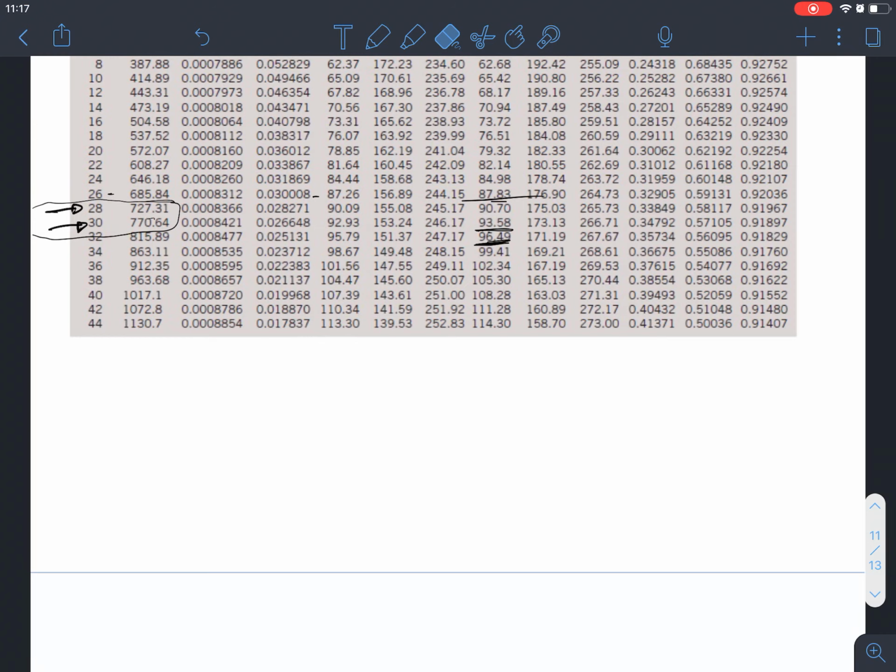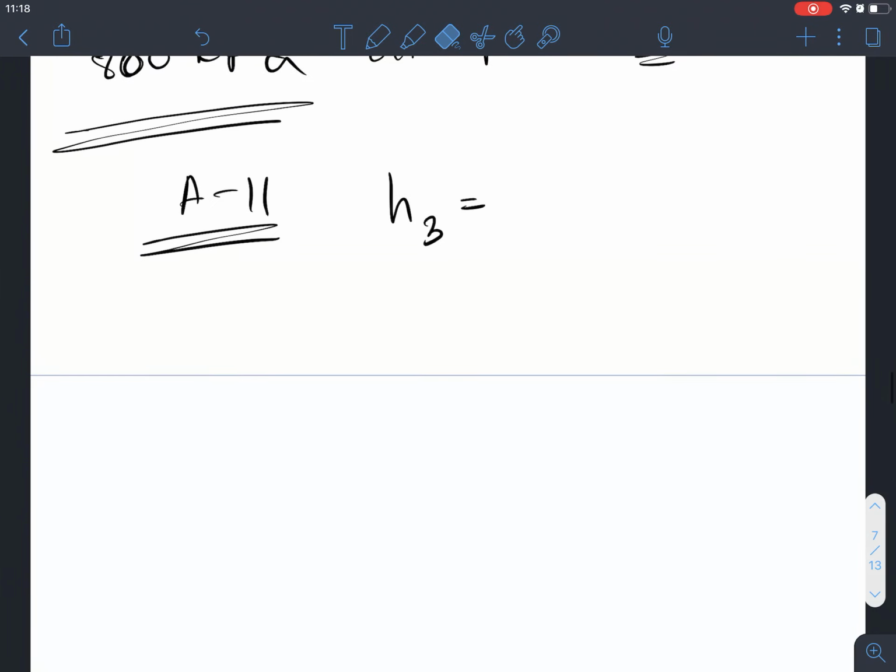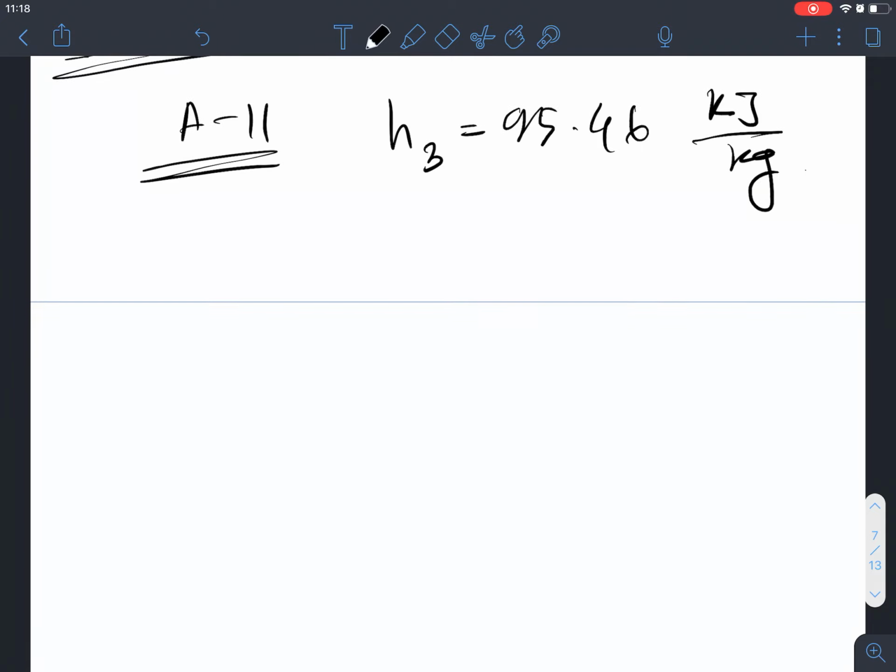We got the pressure, we got the enthalpy 93.58, and with respect to 815.89, we got the pressure, enthalpy is 96.49. Then with respect to 800 kilopascal, the enthalpy would be 95.46. Yes, so it would be 95.46 kilojoule per kg. Okay, so now we know H3.